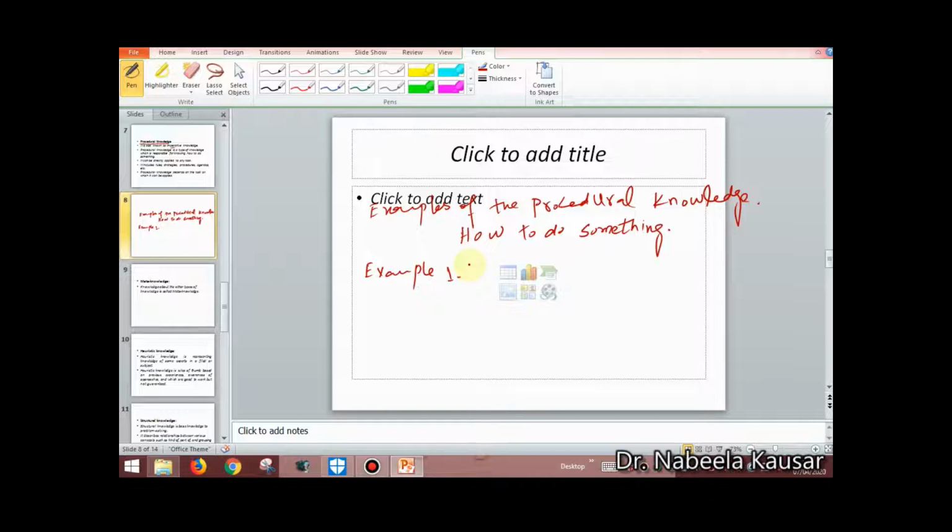Procedural knowledge may be the detailed procedure of how to check the temperature.